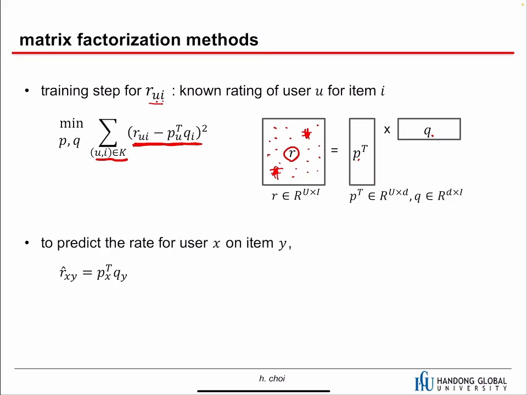After this training, now we have matrix P and Q. Then we can estimate all the empty cells here. To predict the rate for user X and item Y, we can calculate this inner product between P and Q.